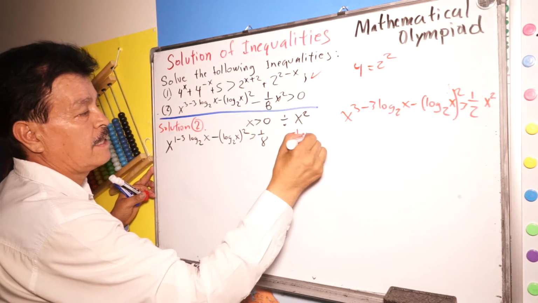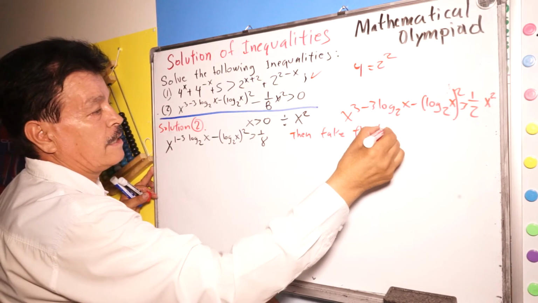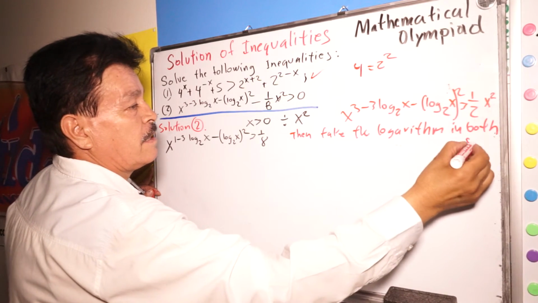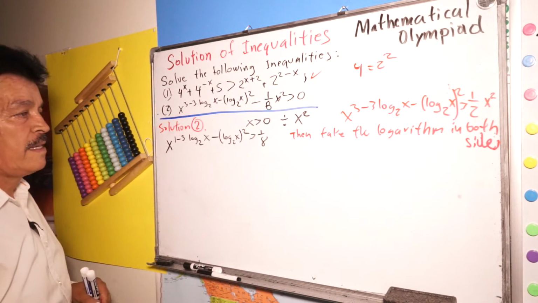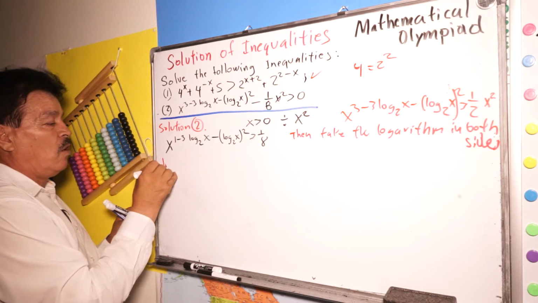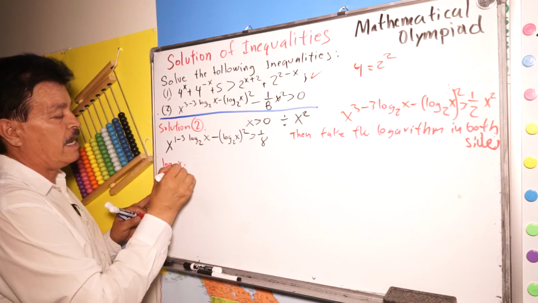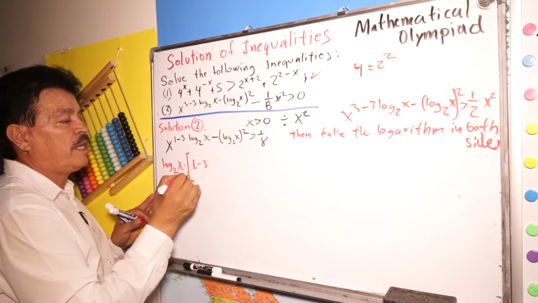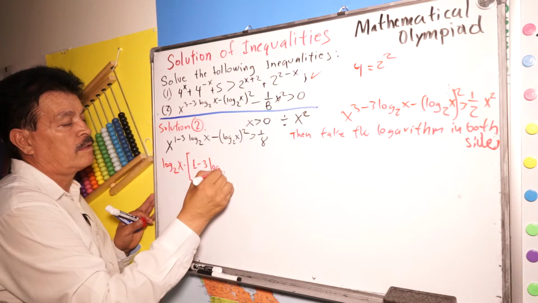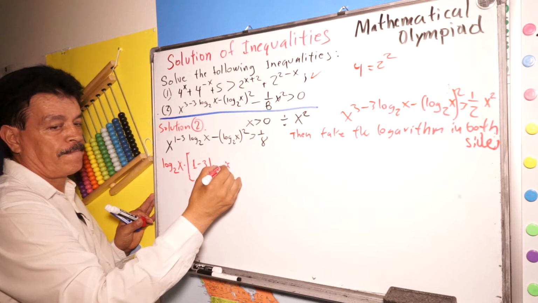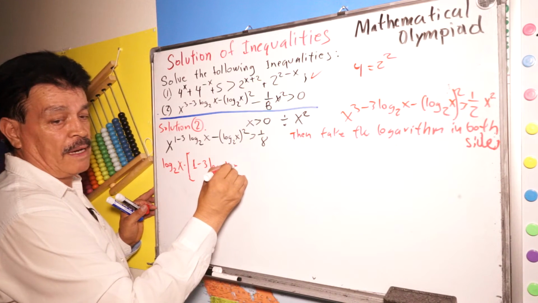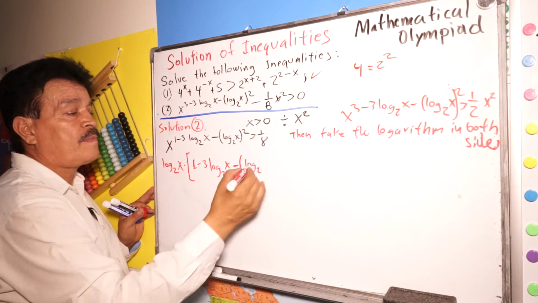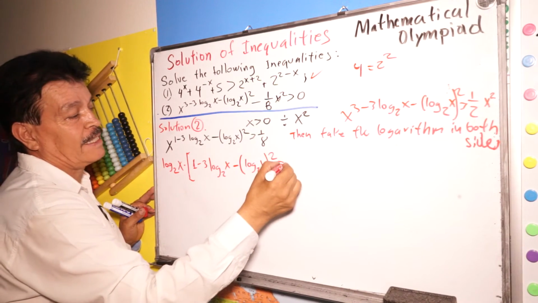Take the logarithm on both sides. If you do that, we will have log 2 x times 1 minus 3 log 2 x minus log 2 x to the second power greater than -3.